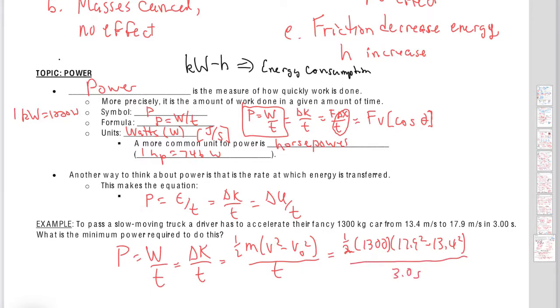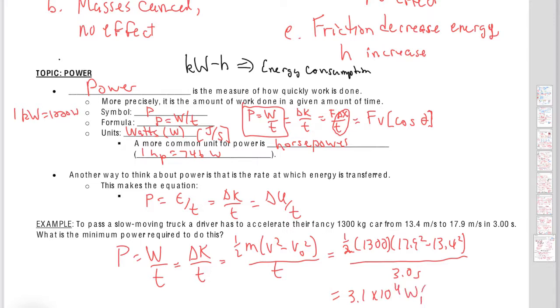And so we plug that into our calculator. So 0.5 times 1,300 times 17.9 squared minus 13.4 squared, divide that by 3, and so we're going to get 3.1 times 10 to the 4 watts of power.